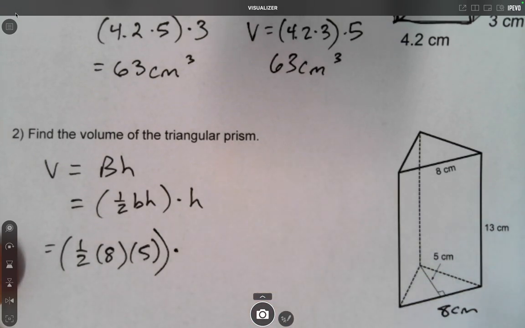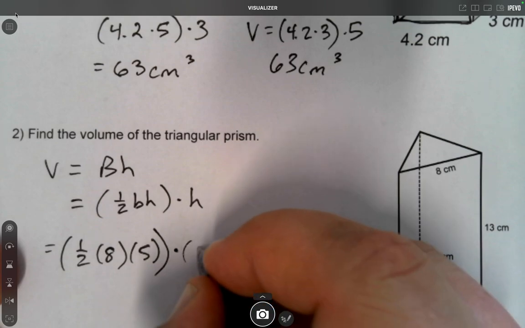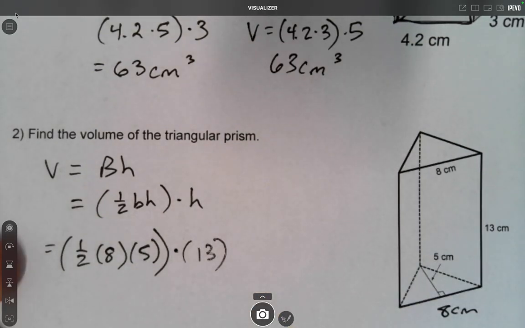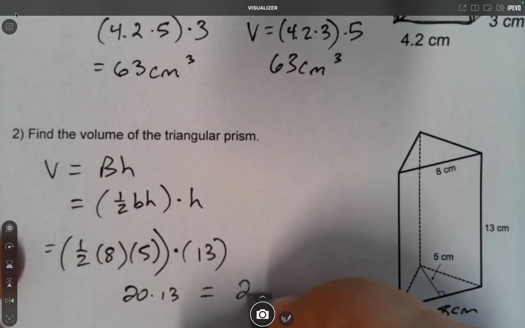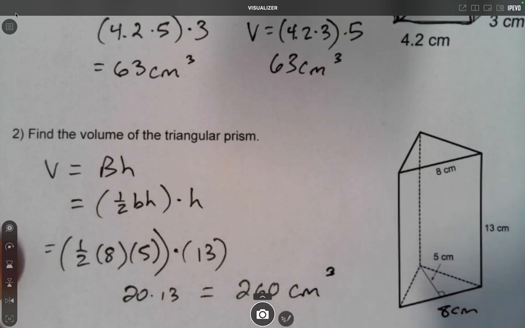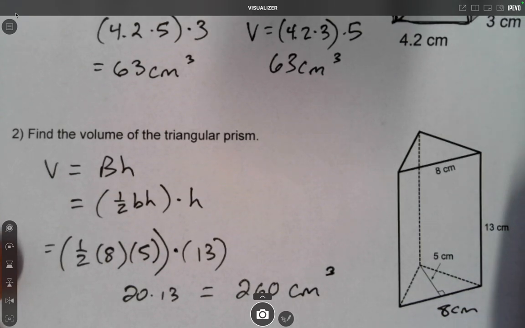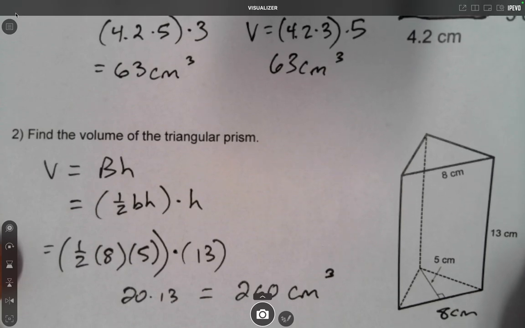And then we'll multiply that by the height of the prism, which is 13 centimeters. So 1/2 of 8 is 4 times 5 is 20. And 20 times 13 is 260 cubic centimeters. And we will use cubed with the units when we're dealing with volume, because it's three-dimensional, so we end up having to cube the units.